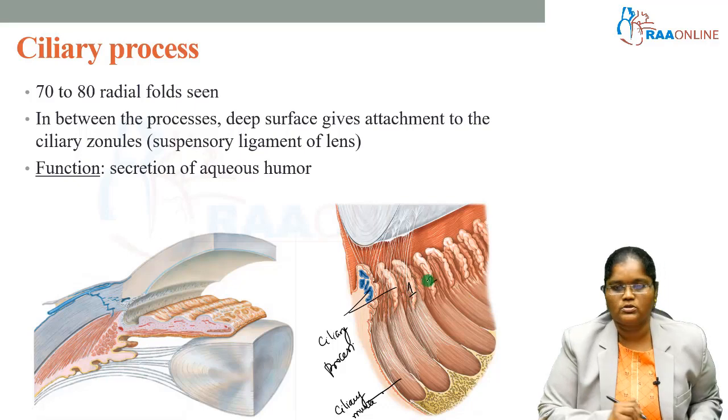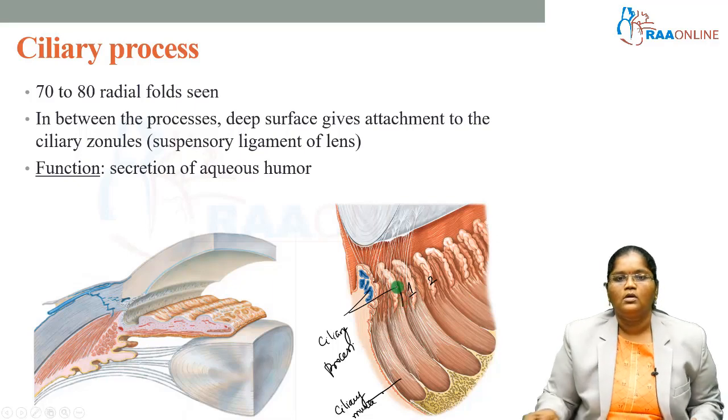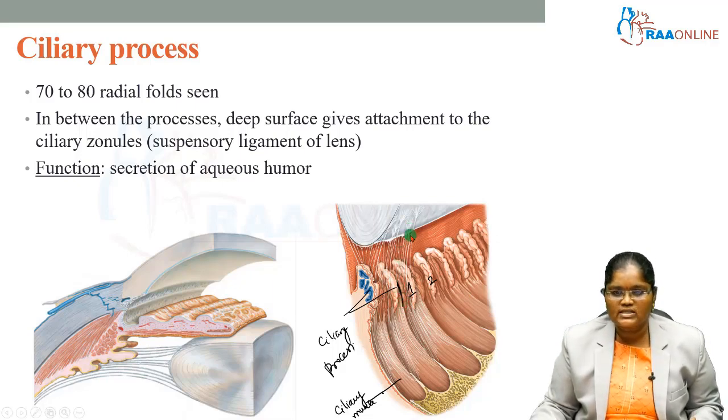This is another process. In this groove you can see a faint white thread-like structure. They are nothing but the suspensory ligament of the lens, which is anchored from the lens capsule to the groove between the ciliary processes. So, this groove gives attachment to the suspensory ligament of the lens.